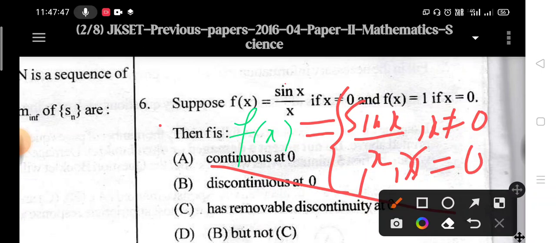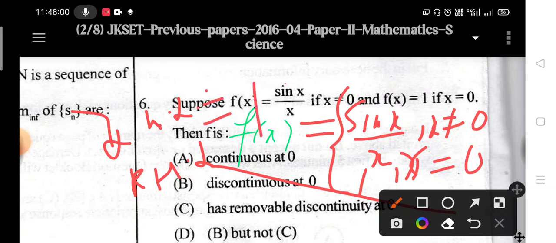So if we look at this function carefully, one thing is very much clear to us, that both left hand limit and right hand limit, if you calculate for this function, both of them are going to be 1. And if you look at the value of the function at 0, that is also equal to 1.